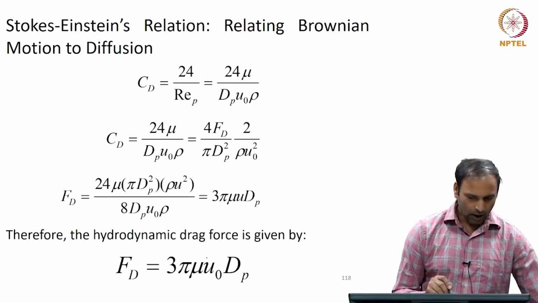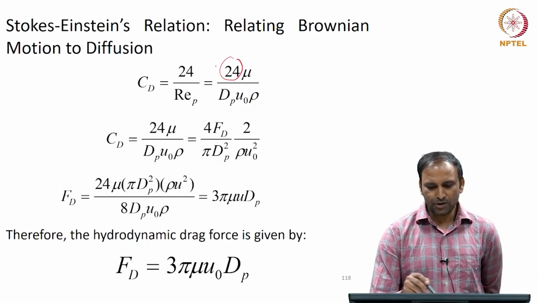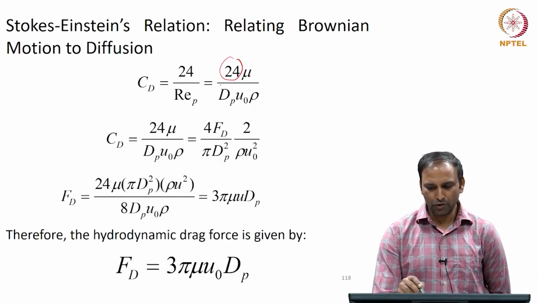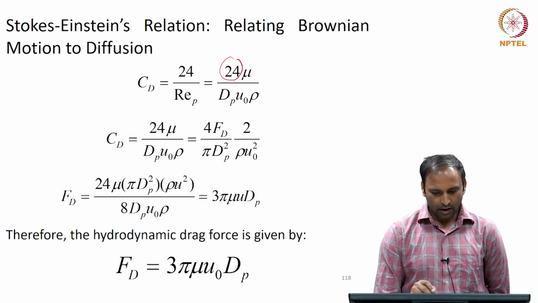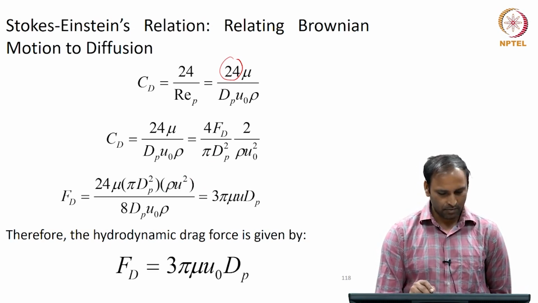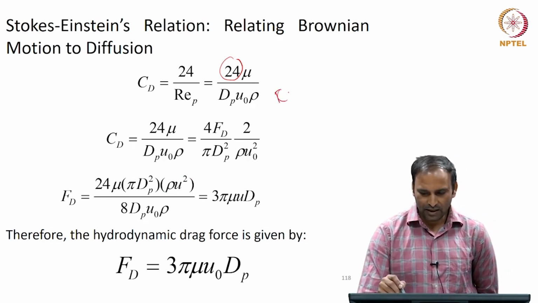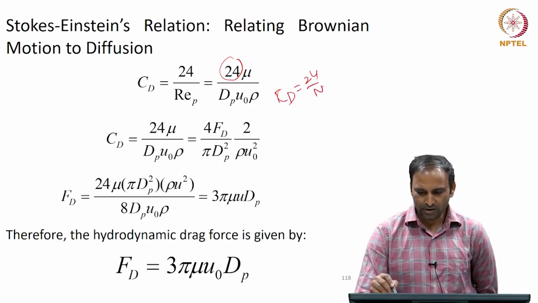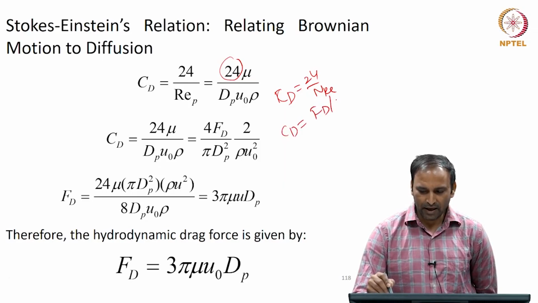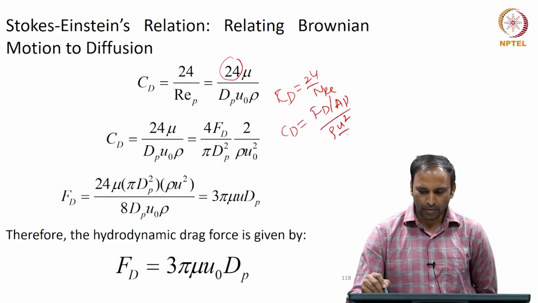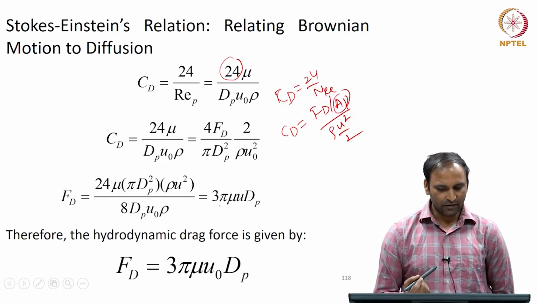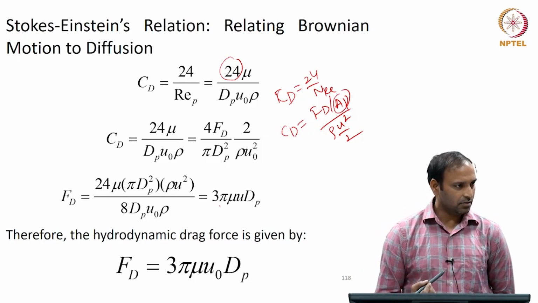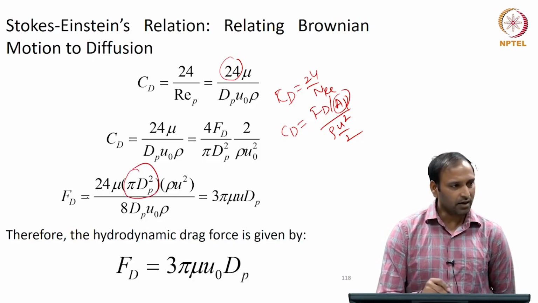Now, I can substitute for Reynolds number, which is rho dp u naught divided by mu, and do some simplification, because I know that CD is 24 divided by Reynolds number. Now, your CD is also Fd divided by Ap, divided by rho u square by 2, and Ap, the projected area, is the area of the circle, that is pi dp square by 4.